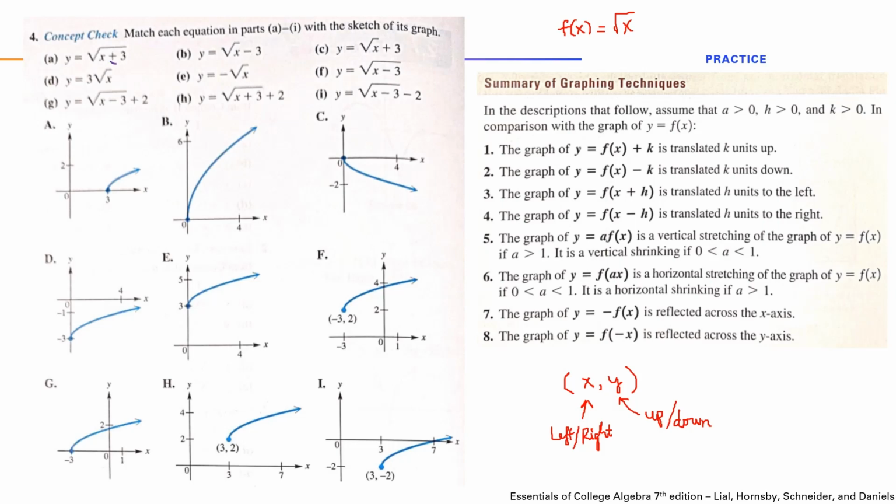So for A, plus 3 inside means f of x will translate 3 units to the left. The parent function will look like this, and it moves to the left 3 units.